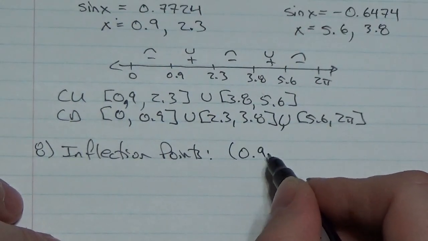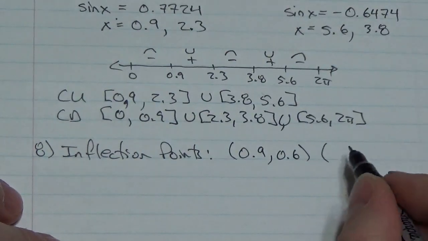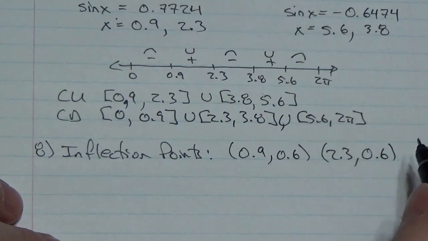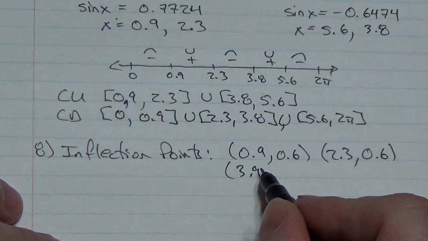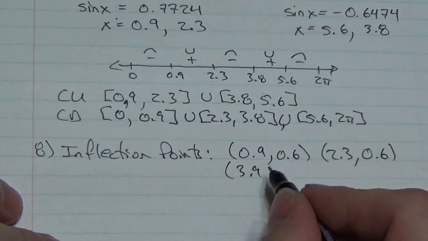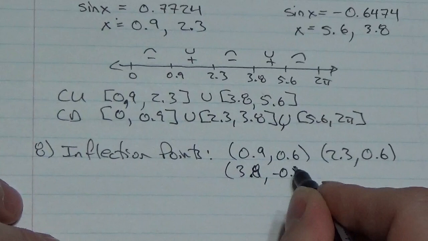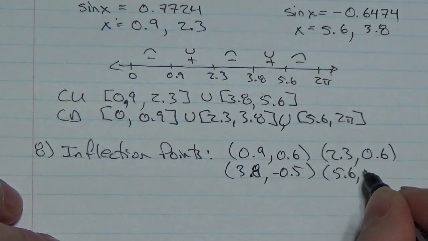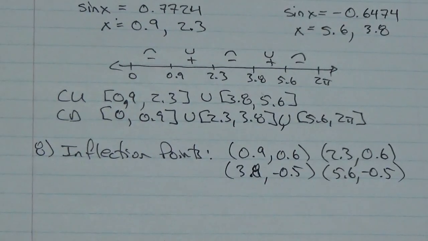So my points are 0.9, 0.6, 2.3, 0.6, some symmetry there, 3.8, my mistake, negative 0.5, and 5.6, negative 0.5. So those are all my points of inflection.